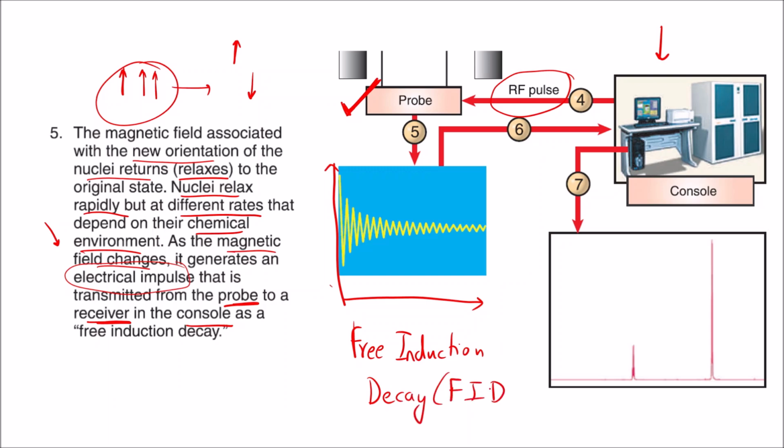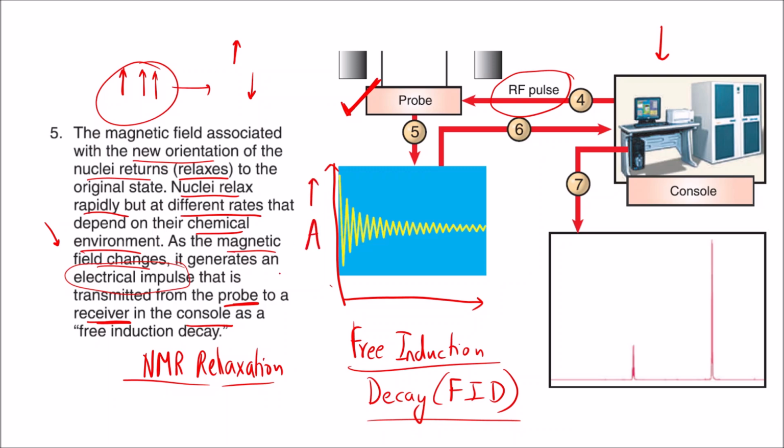The receiver will receive the electrical impulse after the NMR nuclei undergo relaxation or spin flipping. After spin flipping, or we can say resonance, a free induction decay, or FID, graph will be generated.